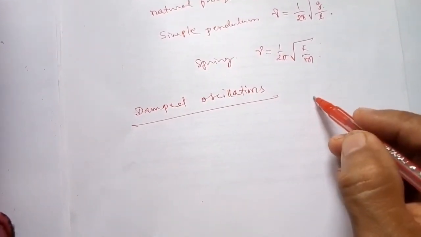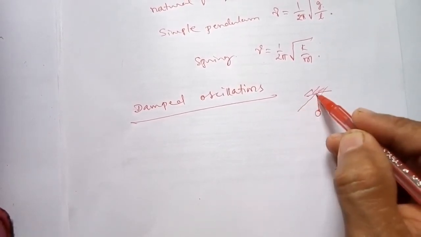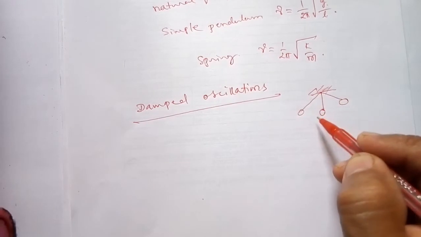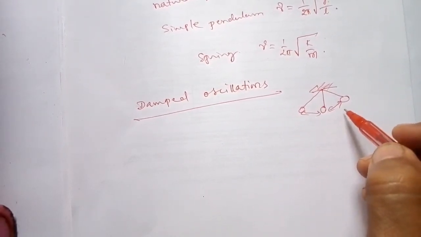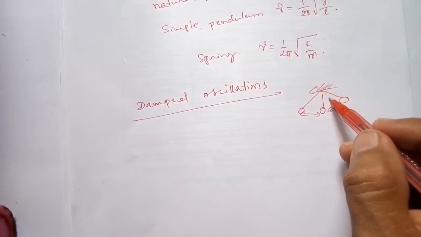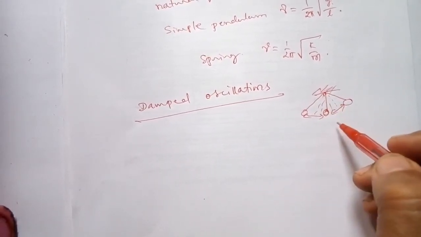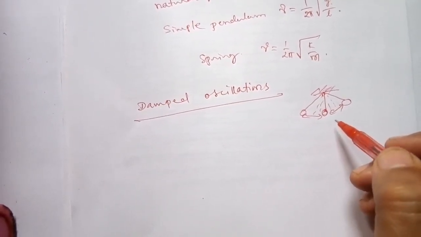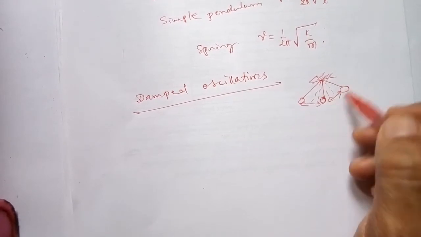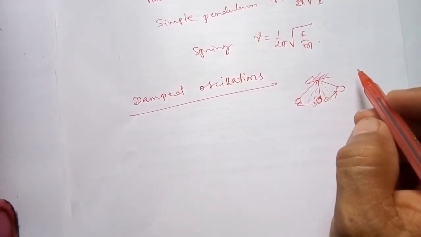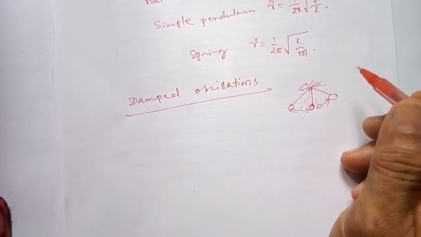For example, if you take a simple pendulum and set it oscillating between two spatial positions, after some time you find that the amplitude gradually decreases and finally it comes to rest. What exactly happens? The air present in the atmosphere opposes the movement of the bob, that means some damping force is stopping the oscillation.